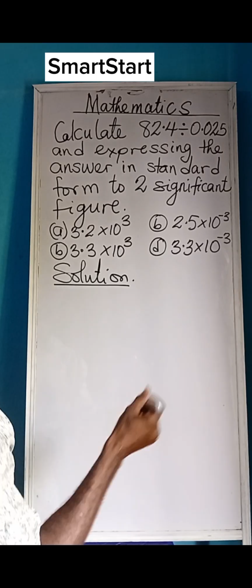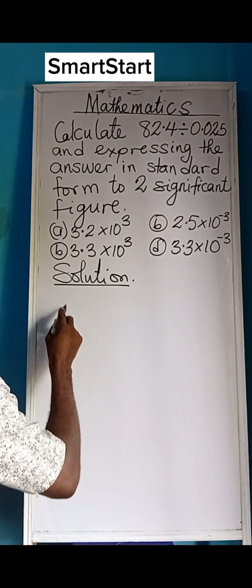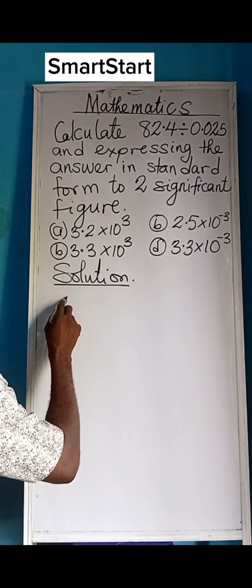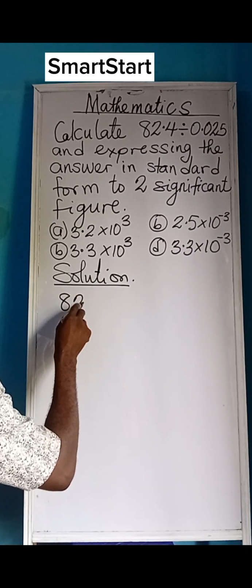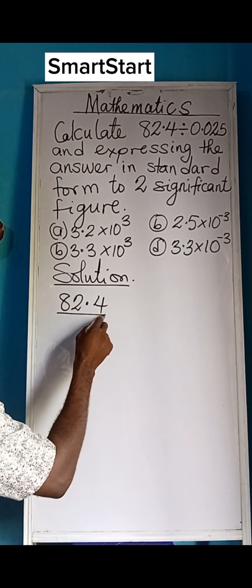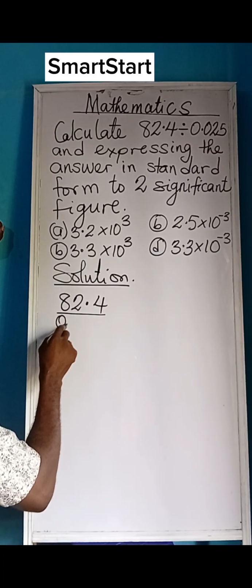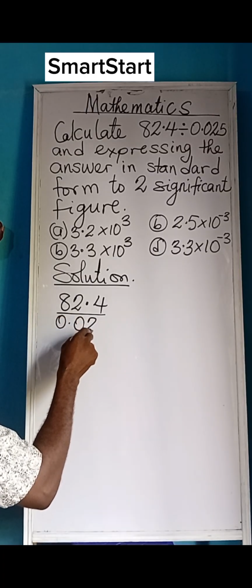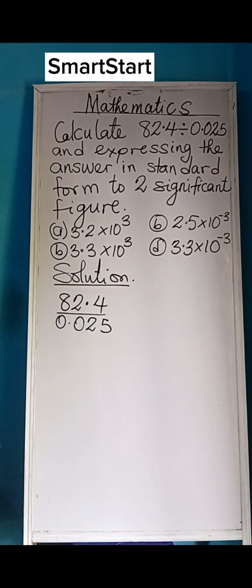So now you may want to rewrite it as 82.4 over 0.025. And now the best method, we have so many methods.